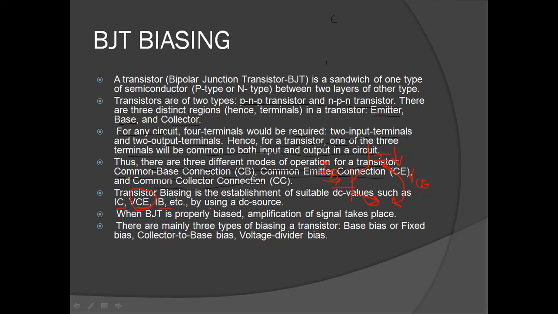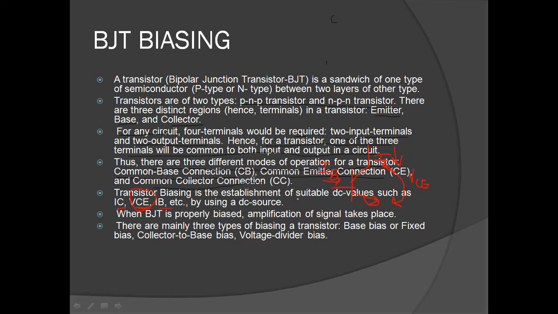By using a DC source, for example a battery, you give the transistor these inputs, that is IC, IB and VCE, so that you get an amplified version of the output. Transistor is basically used for amplification, right? Applying these voltages is also called biasing.